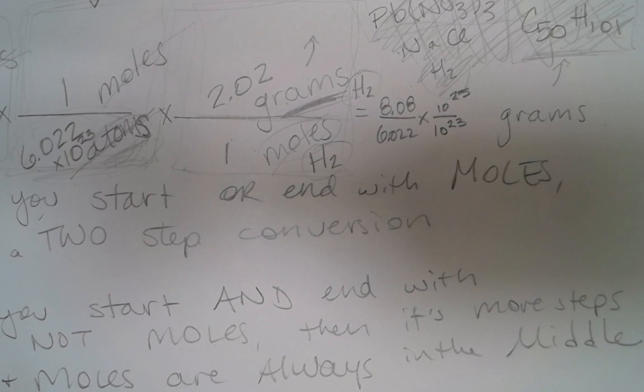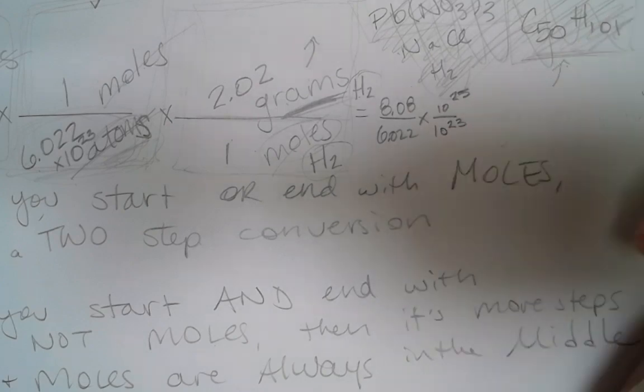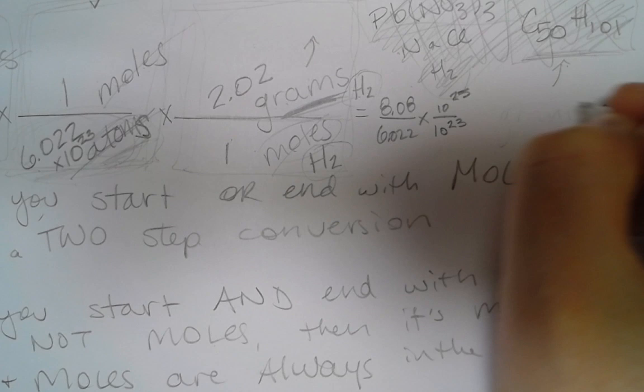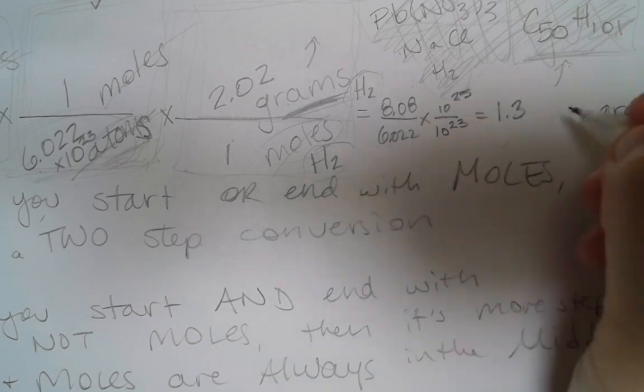That gives you 1 point something. 8.08 divided by 6.022. I'm going to move this over to make a little bit more room. So 1.34, let's give you another sig fig. So 1.3 times 10.